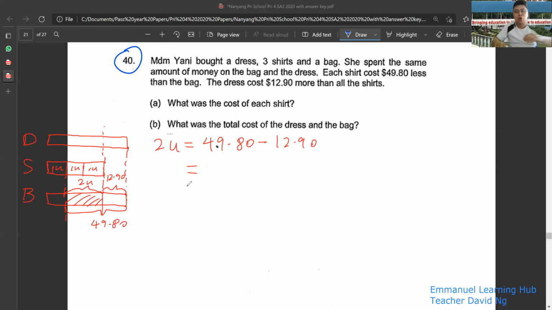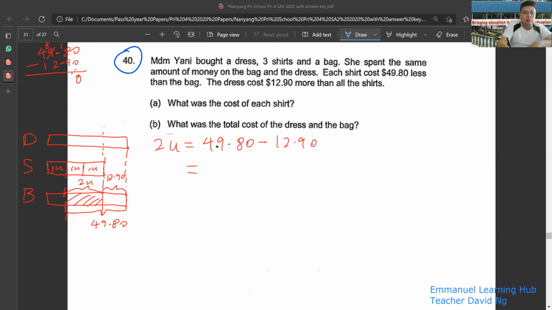Okay, 49.80 minus 12.90. So you know how to minus off? Or you want me to do together with you? Yes. So 0 minus 0 is 0. 8 minus 9. What must you do? Borrow.